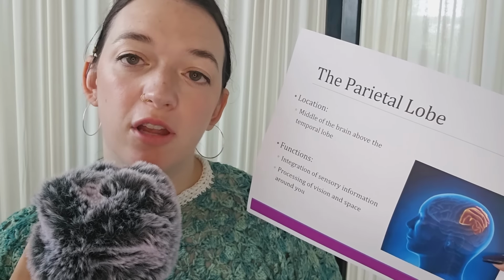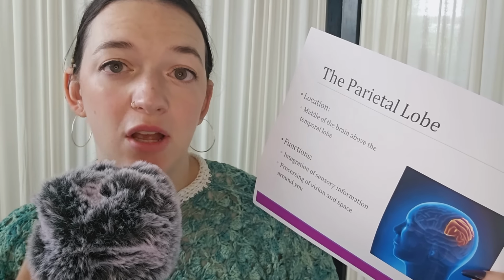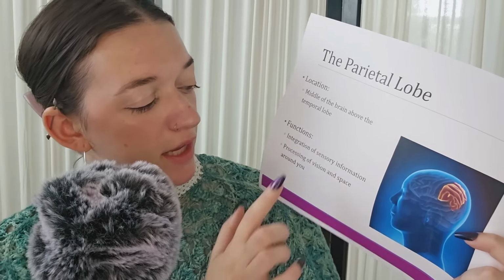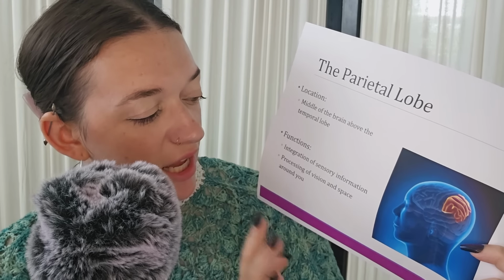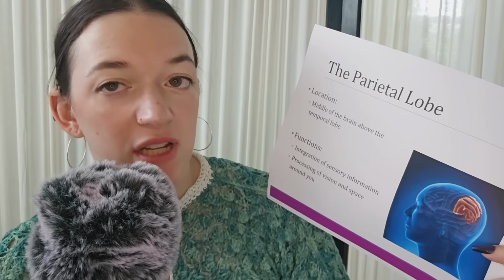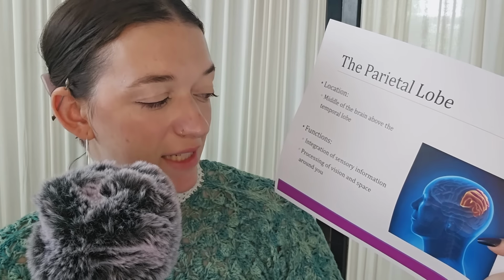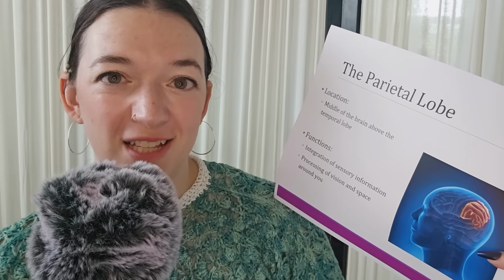So this is very important, especially for signed languages where the information is received visually, as this is responsible for the processing of vision and space, but also integrates other sensory information. And of course, sight has an important role in spoken languages as well.